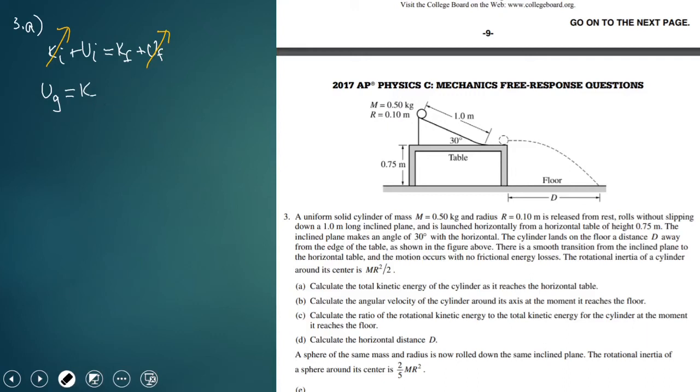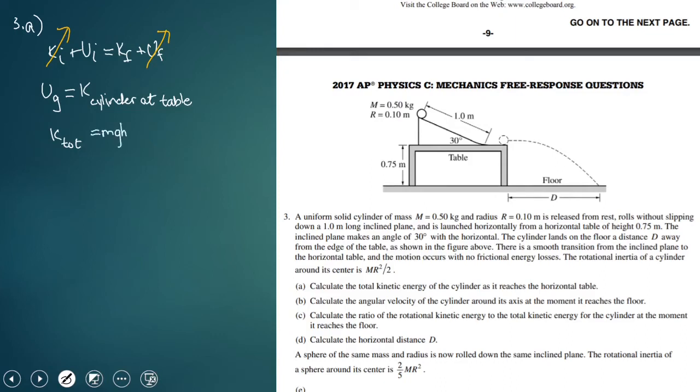Sorry, this kind of makes it seem like it's the kinetic energy of the table. It's the kinetic energy of the cylinder at table. And so we have our K total, or the K of the cylinder at the table, is equal to mgh.